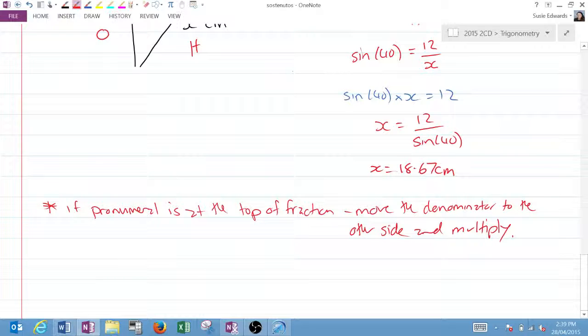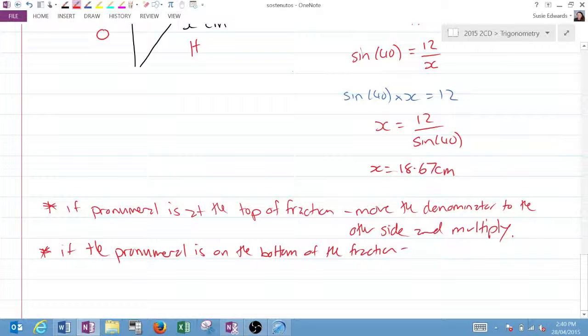Okay, if the pronumeral is the denominator, so on the bottom of the fraction, we switch it with our ratio and angle. See how we just switch the two around?